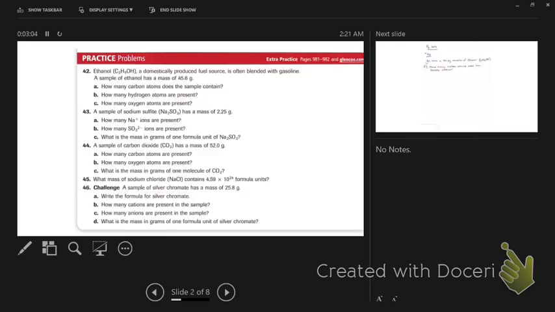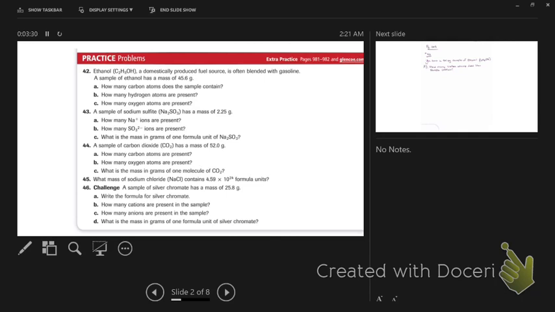Now, the next thing I want to talk about is the problems on page 339. We're going to do number 42, A, B, and C together, and then we're going to move into molar volume. Molar volume will take me 5 minutes to show you, real quick. I'm not even sure if it'll take 5 minutes.